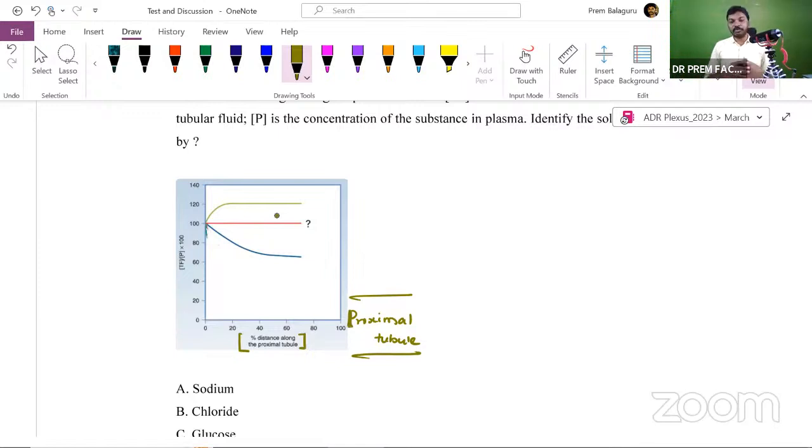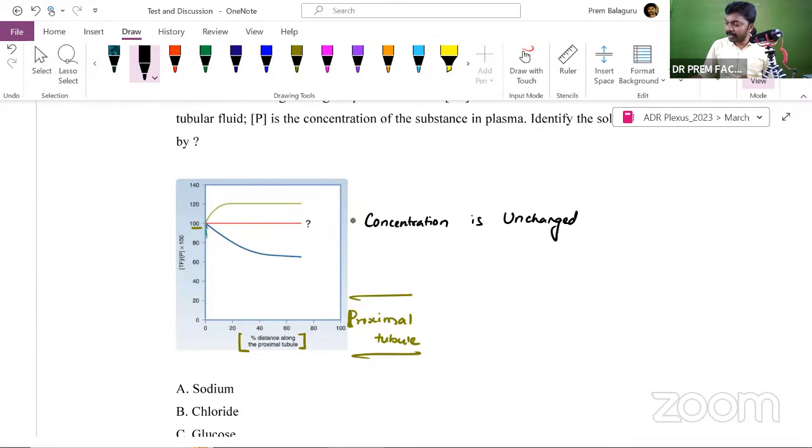What are all getting absorbed? What are all not getting absorbed? That's the fundamental idea behind the question. Now you are seeing a substance whose concentration is getting maintained, right? So we are seeing a substance whose concentration is unchanged.